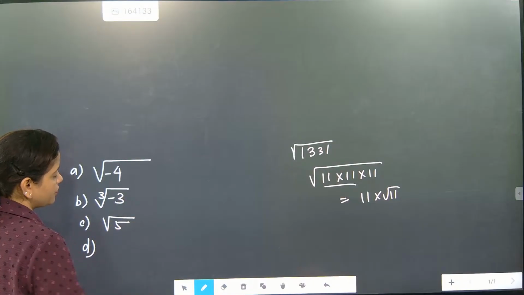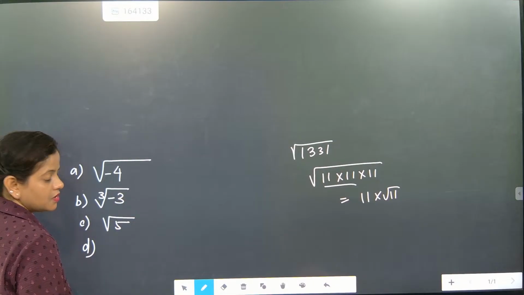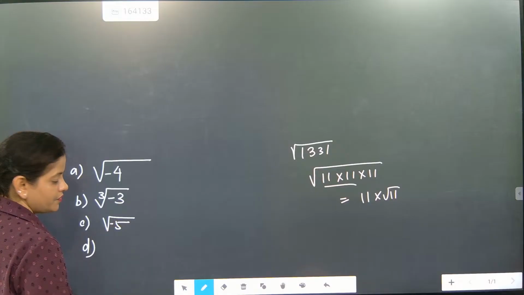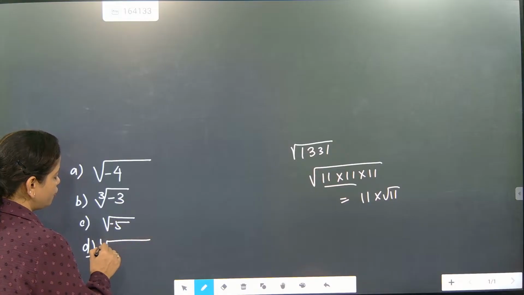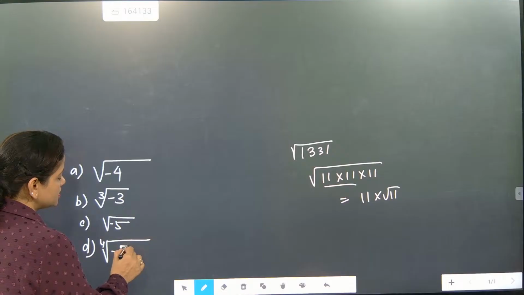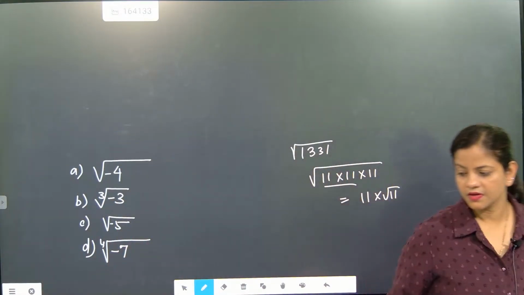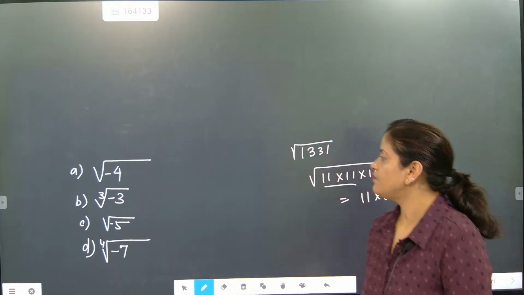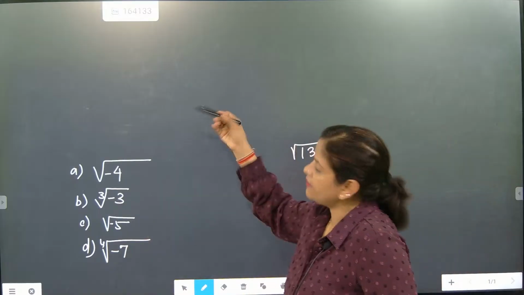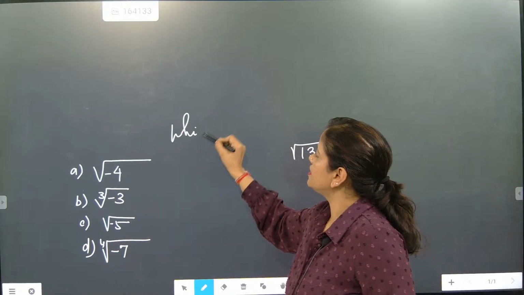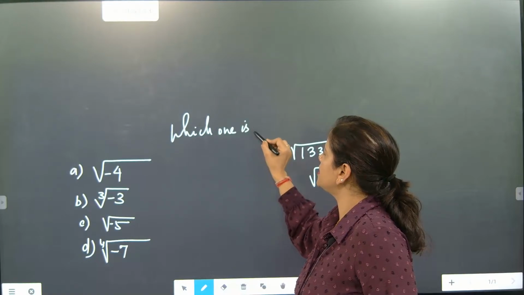Root under -5 is real or not? And fourth root of -7 is real or not? Come on, you need to identify which one is real.